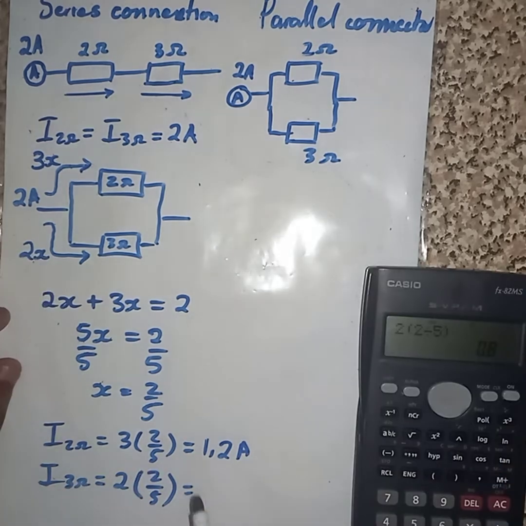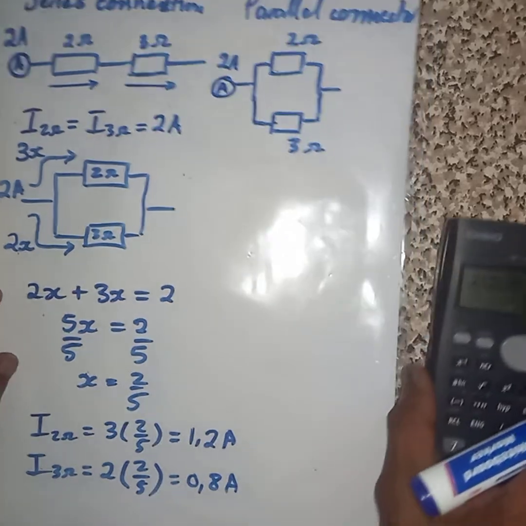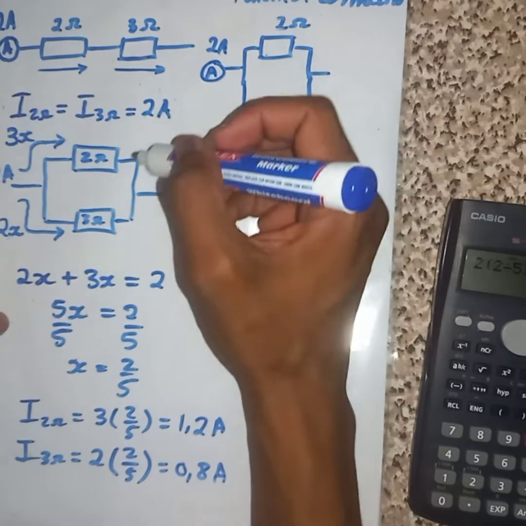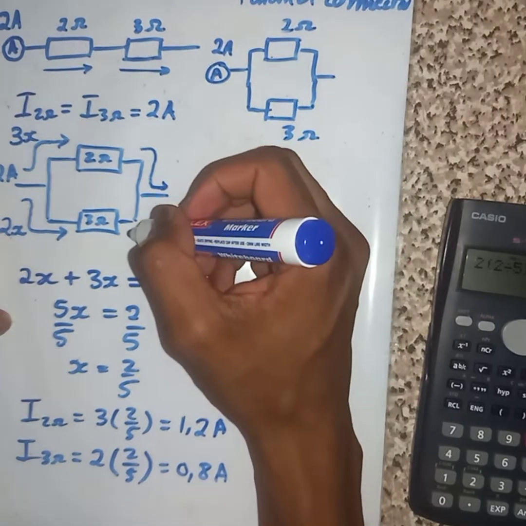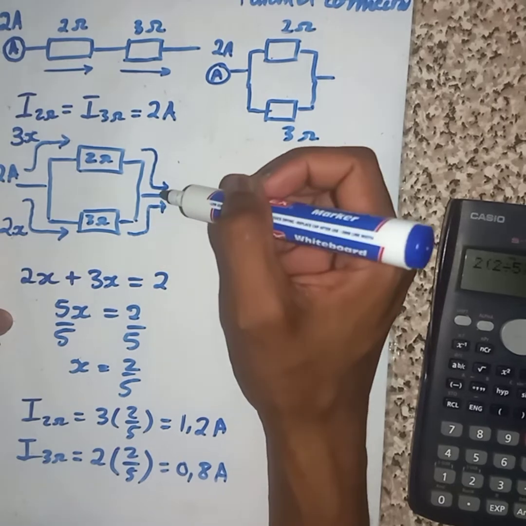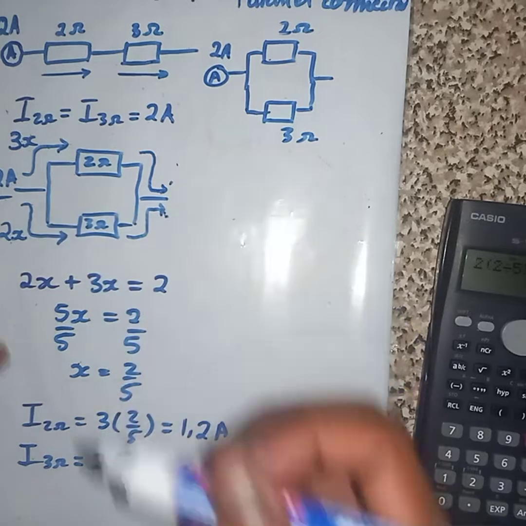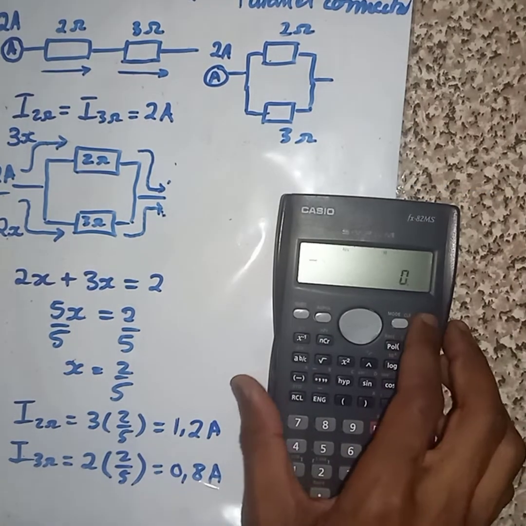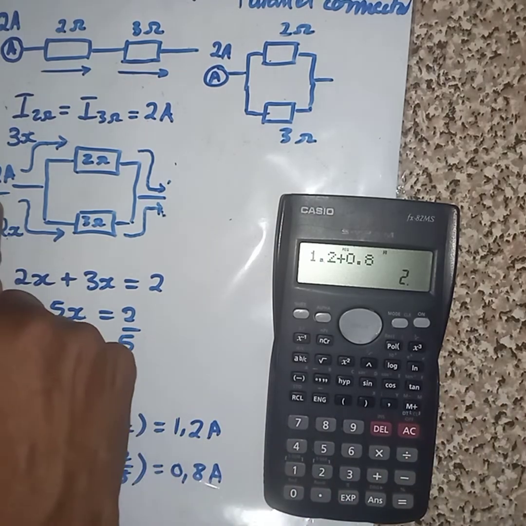Our final answer is 0.8 ampere. Then in total we should get 2, since the current continues to flow, somewhere there we should get the same value of 2. Let us add them to see if we get the same. 1.2 plus 0.8, indeed we get 2.